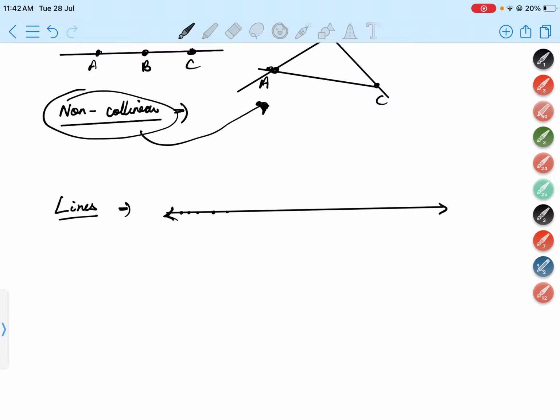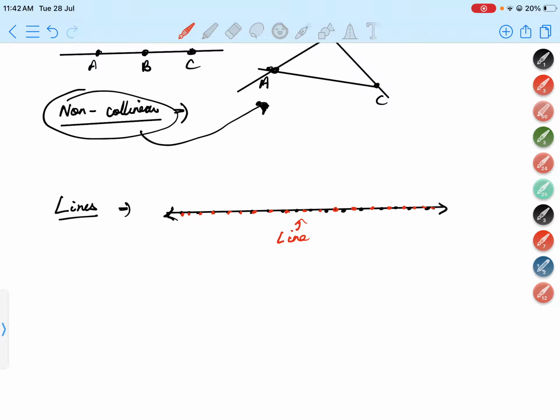There are infinite points which can be represented in a line on a plane, like this point, this point, this point, this point. All these points together make up the line.